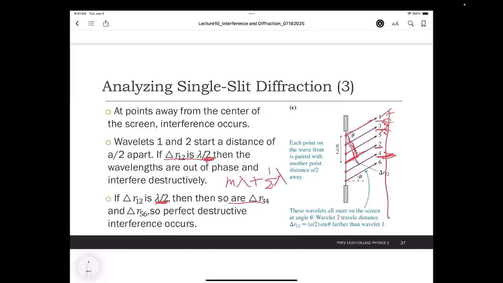Does it make sense to you? And the distance between r5 and r6 is also half lambda, so perfectly destructive interference occurs. That makes sense to you. Okay.